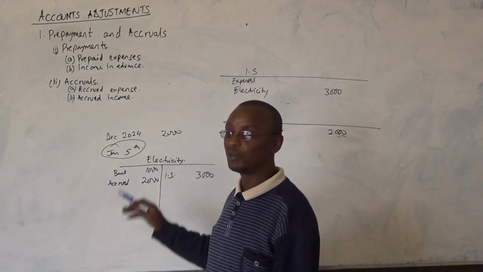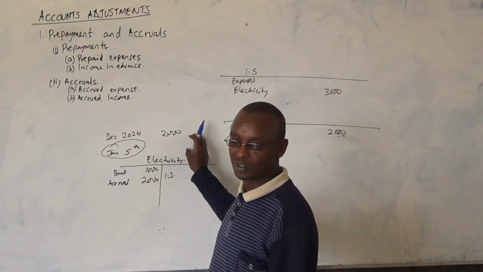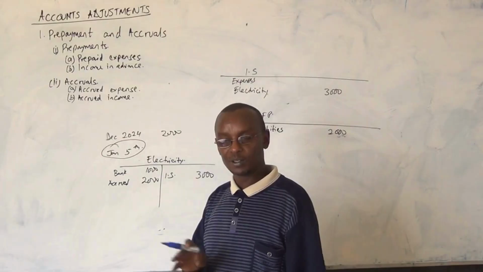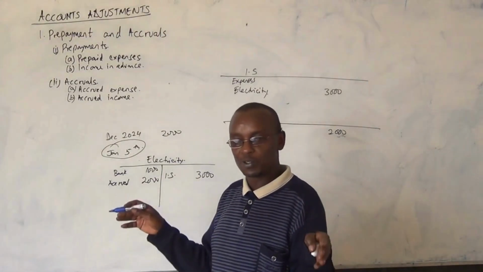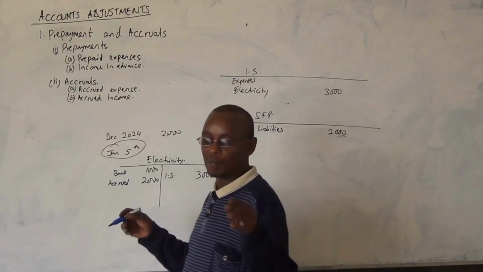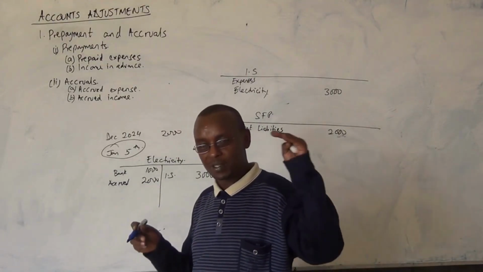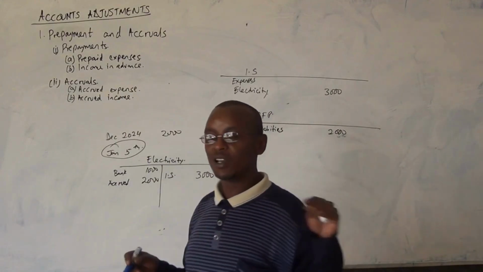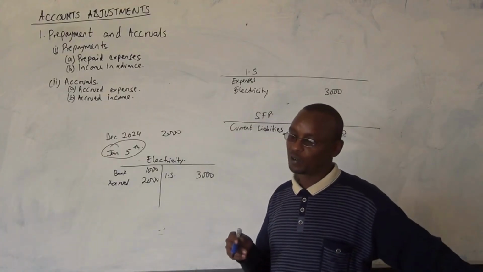Okay? Somebody has not paid for it. School fees, the same. A student should pay fees during that particular period. Okay? If the year lapses and there is a balance that the student has not paid, that is not the income for 2025. It is income for 2024.